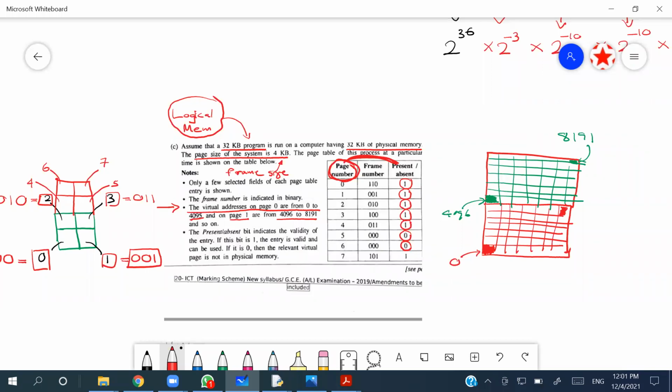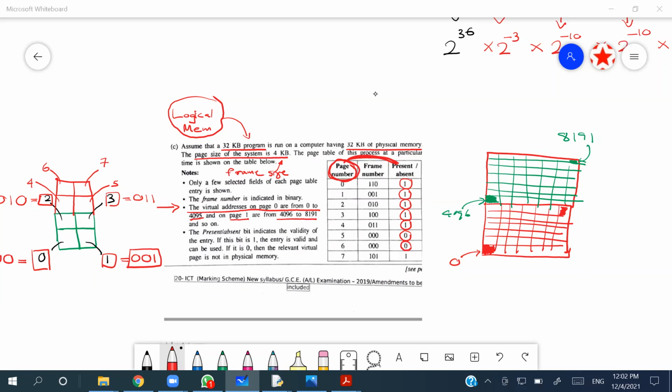Right? So by resolving that, just tell me how many bits are there to represent the logical memory address. Yes, people.